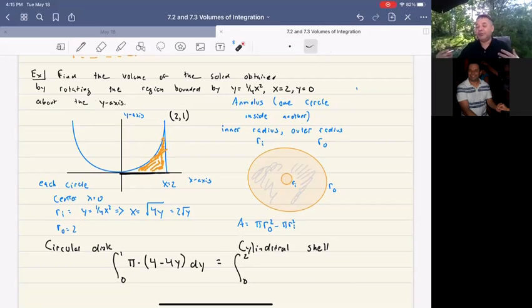Now remember, when you do cylindrical shell, you're doing that perpendicular to the axis of rotation. So the axis of rotation moves along y, so you're going to integrate along x. 2 pi x, and then h of x is 1/4 x squared, dx. So those should be the same thing.